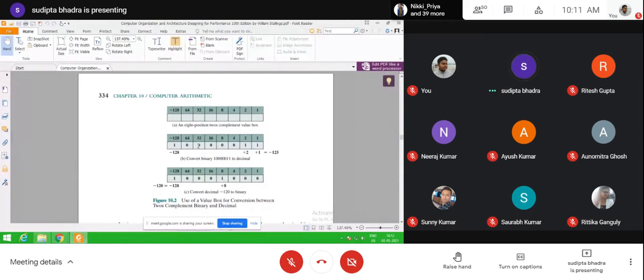Now in case of two's complement, the bits from 0th to 6th will be in such a way that minus 125 is what? Minus 128 plus 3, that will give you minus 125.